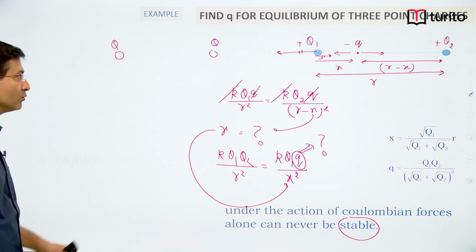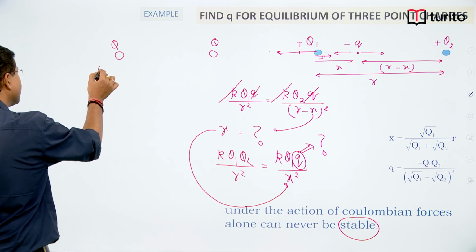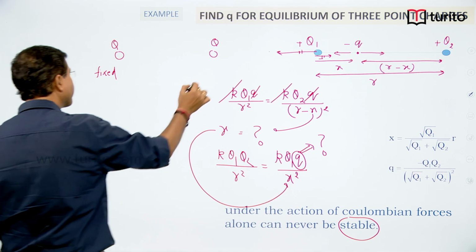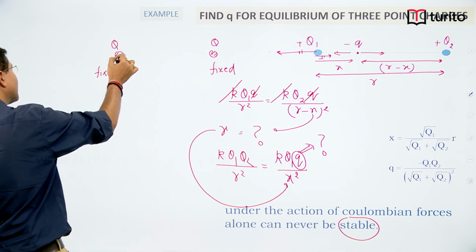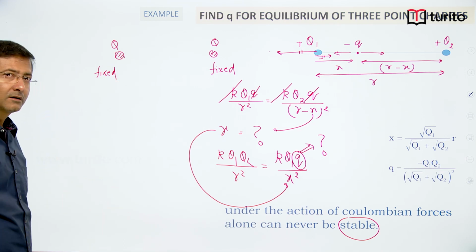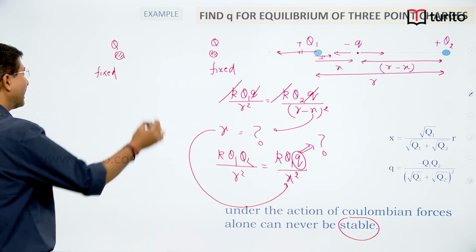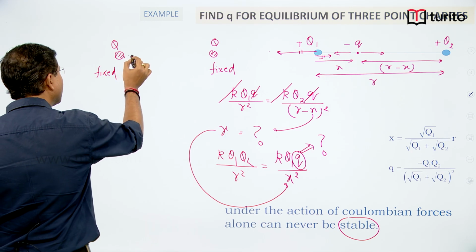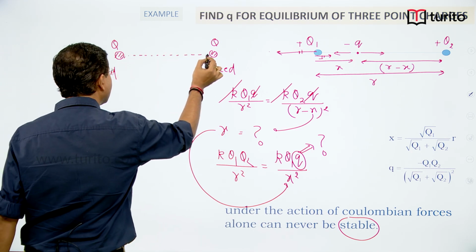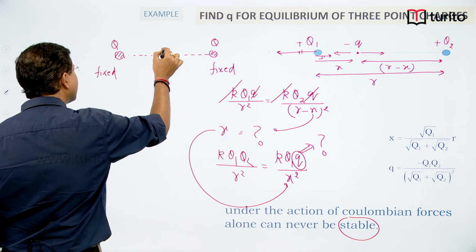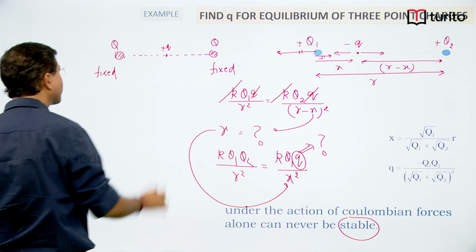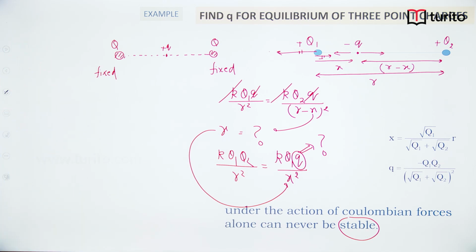So, I am keeping two charges fixed, so this charge, they are fixed, and at the middle, if I take some charge plus q, right, exactly at the middle I have taken plus q charge, right.